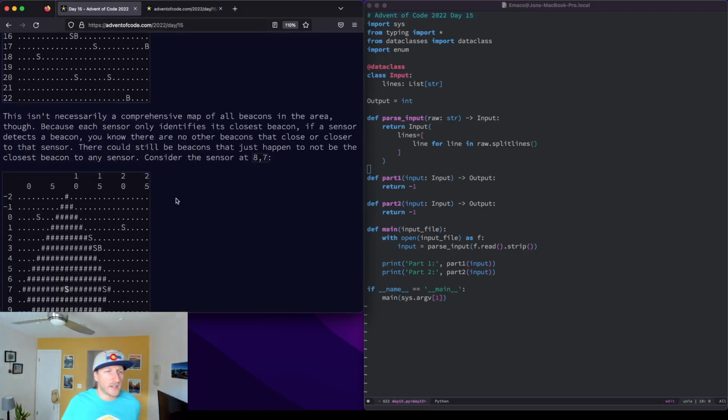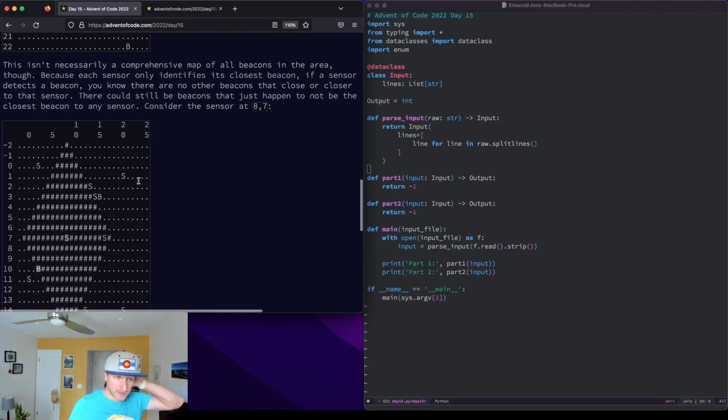This isn't necessarily a comprehensive map of all the beacons in the area because each sensor only identifies its closest beacon. If a sensor detects a beacon, you know there are no other beacons that close or closer to that sensor. There could still be beacons that just happen to not be the closest beacon to any sensor. Consider the sensor at 8, 7.